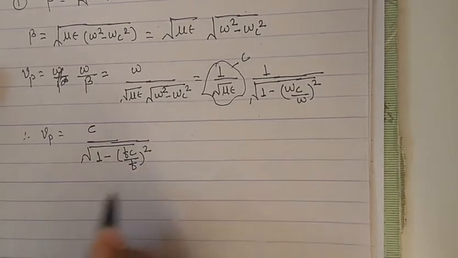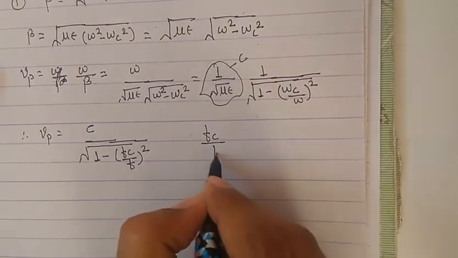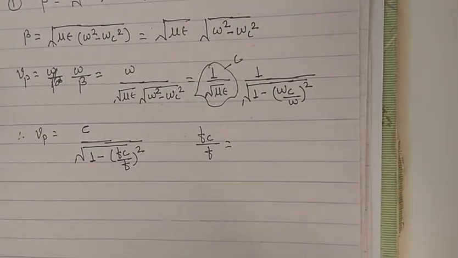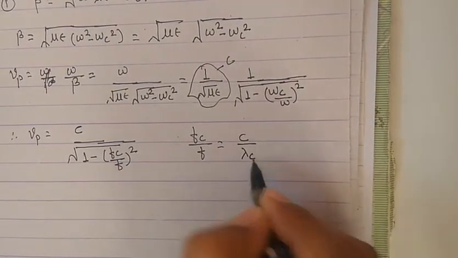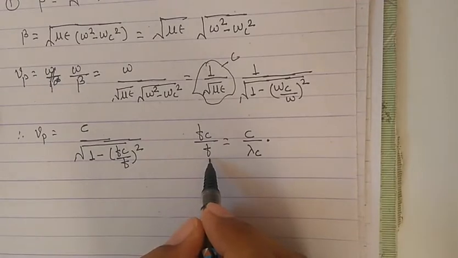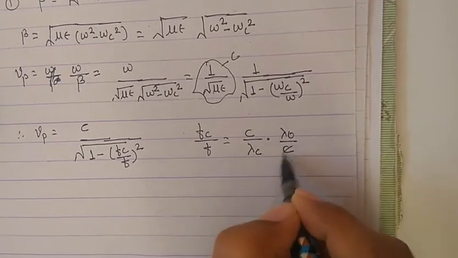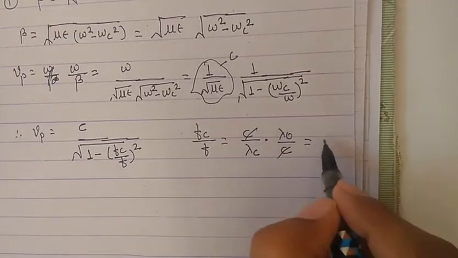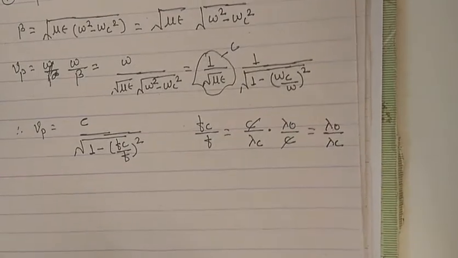So this term fc by f can be written as f is equal to c by lambda. So f is equal to c by lambda 0, so it is in the denominator. So I can write this as lambda 0 by c. So this can be cancelled out, and the term fc by f is actually lambda 0 by lambda c.